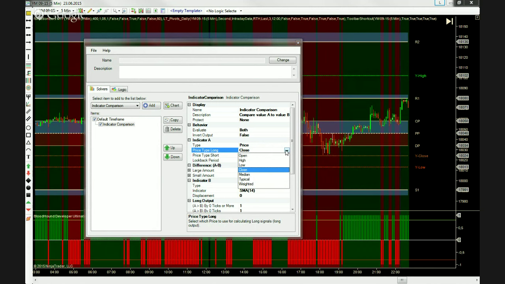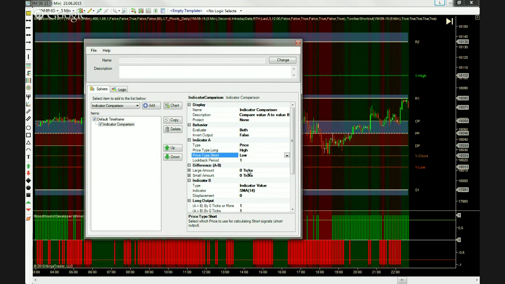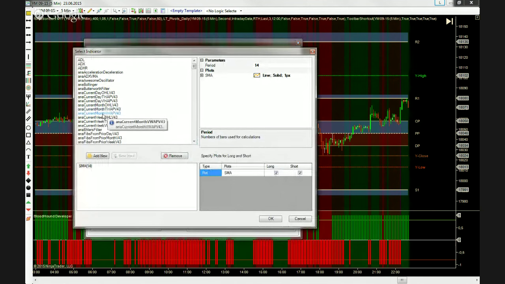We are here going to isolate the price bars that are in touch with the pivot point. So we will say, make a note when the high is touching the pivot, or the low is touching the pivot, or the price is straddling the pivot. We can now enter the pivot indicator in the comparison.